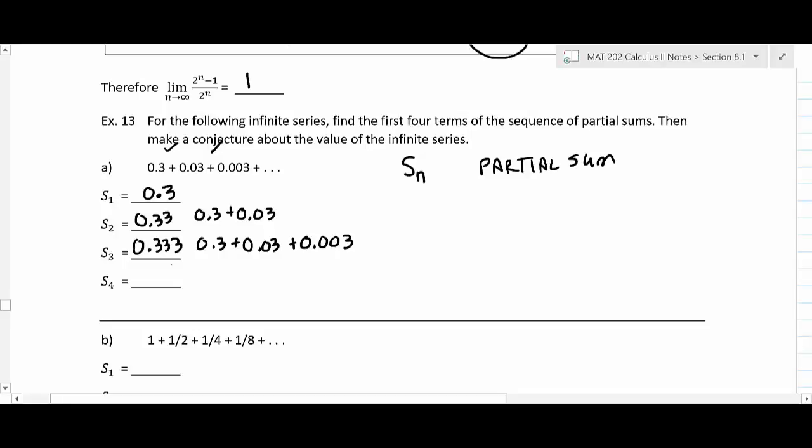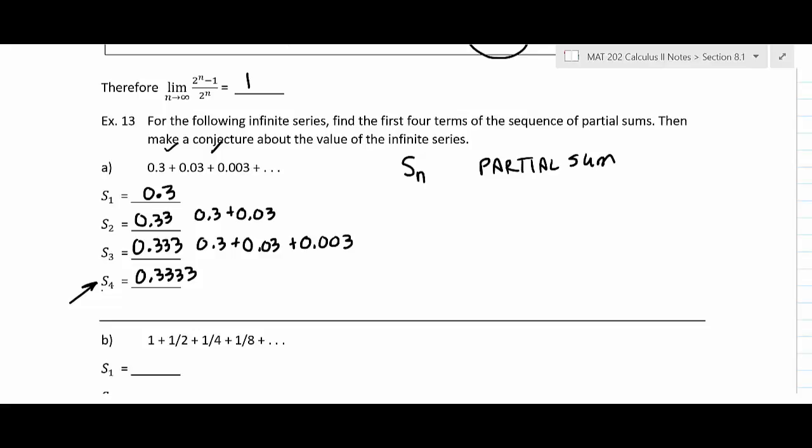Now you're beginning to see the pattern, so what's S4 going to be? It's just going to be four 3s. That's the idea. This is not the complete sum. That's only the sum of the first 4 terms. So does this look like it's going to go somewhere, or does it diverge or converge? It's going to converge. All it's doing is getting another decimal of 3.